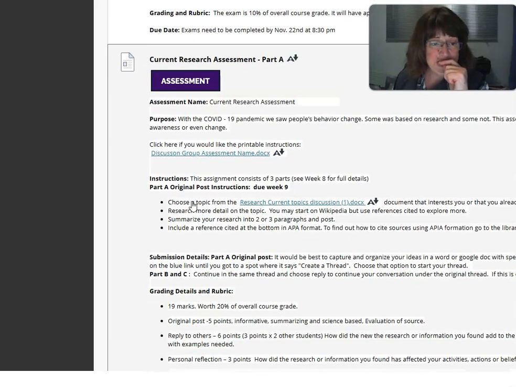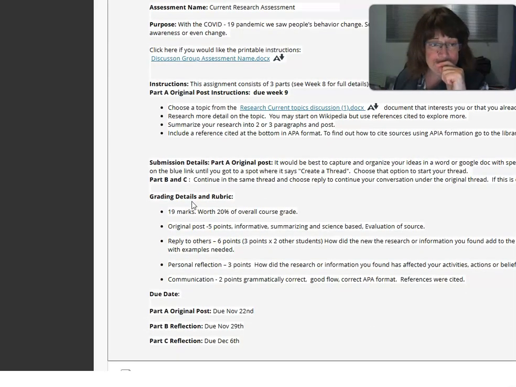For part B, you are going to continue on the same thread and reply to 2 other people under the original thread. So you will go under 2 other people's posts and reply to them. And then part C, you will reply to someone who replied to you.